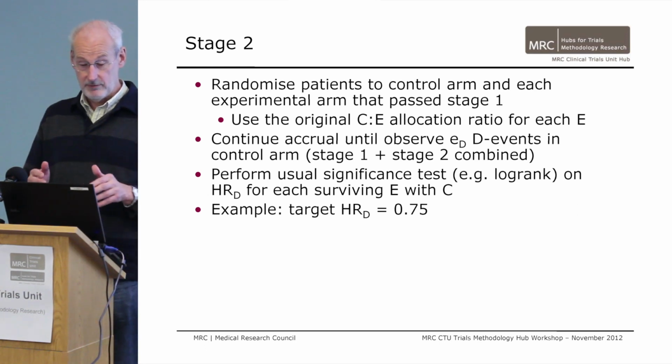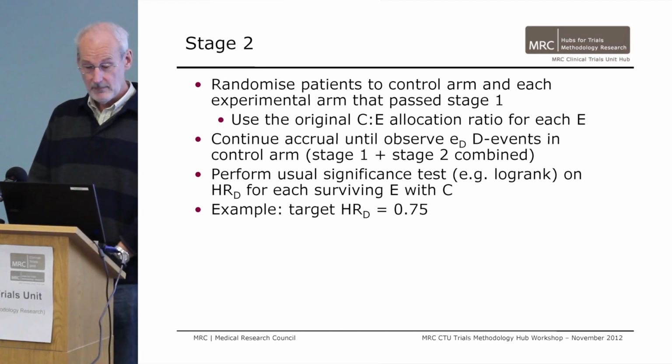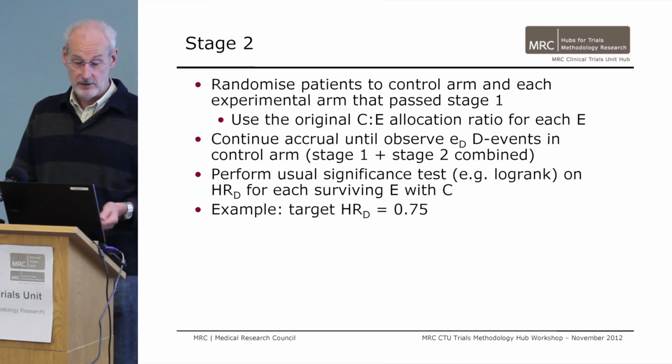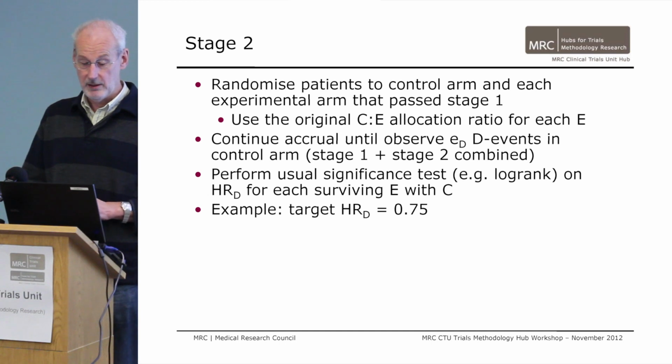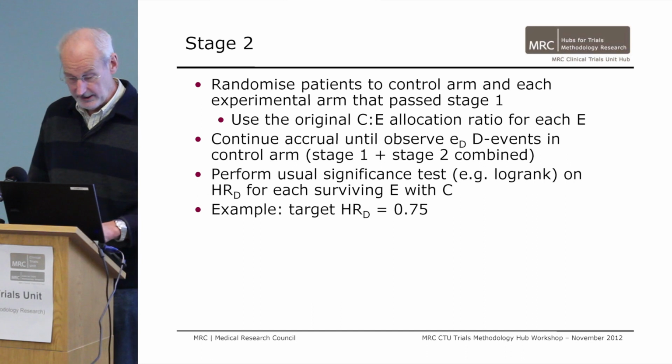And these events are, of course, combined over the first 2 stages together. Having got all this, we then do the usual significance test, typically a log rank test, on the hazard ratio for the definitive outcome for every surviving experimental arm. And a typical example is that we might be having a target hazard ratio for efficacy of about 0.75, as I mentioned earlier.